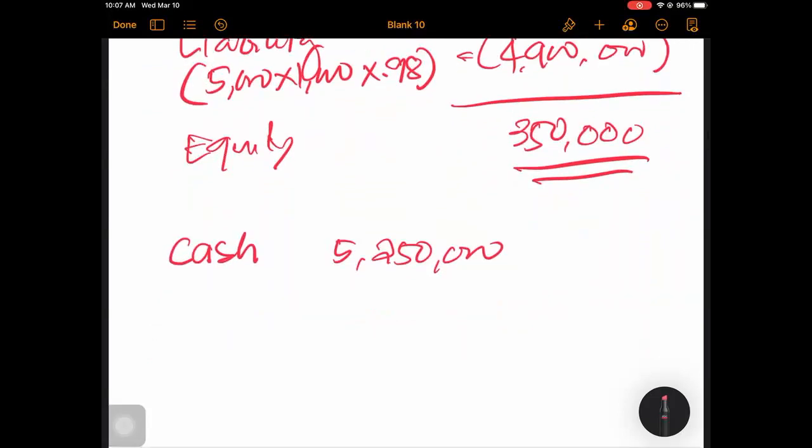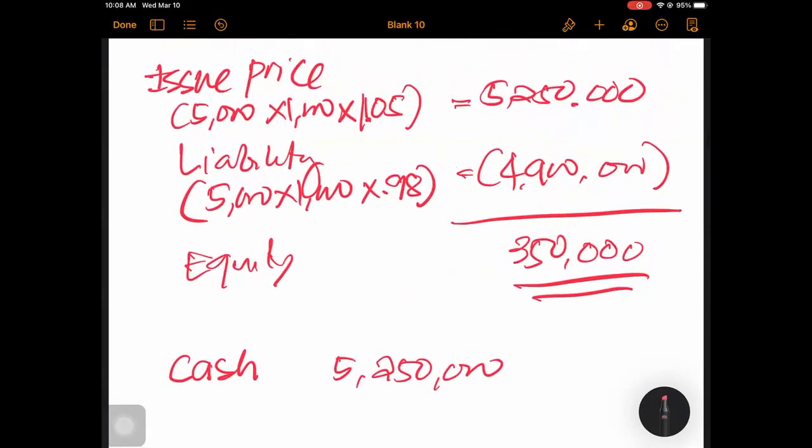So we debit cash 5,250,000, equal to the issue price. There is also a discount. Because the bonds payable is 5 million.